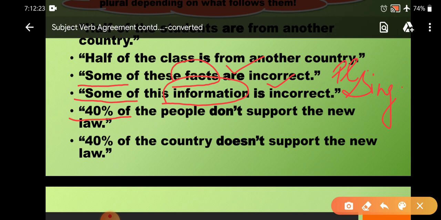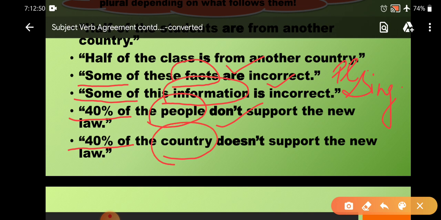Next, 40% of the people. People, you remember we discussed, it is plural. 40% of the people don't support the new law. And the parallel example of singular is 40% of the country.